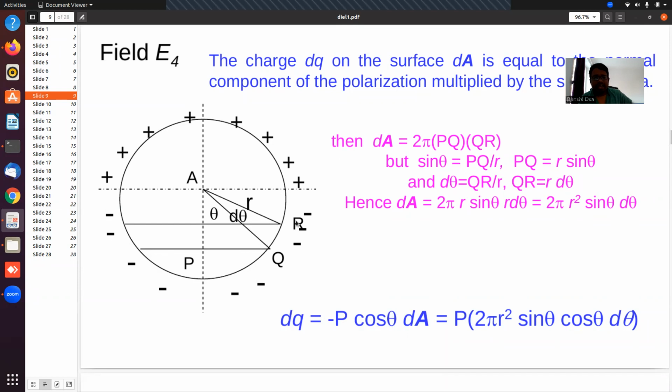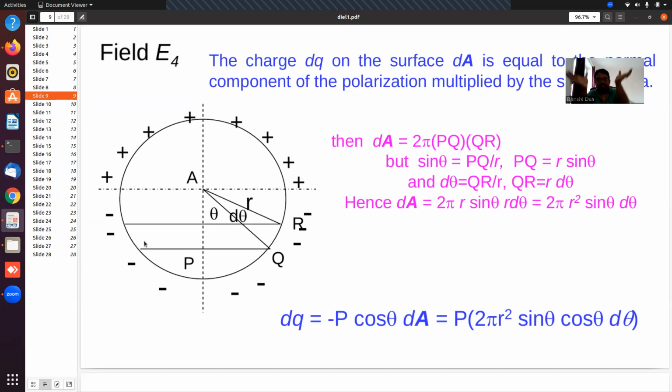So dA we can calculate. dA is a spherical strip taken from the sphere at the theta direction. The P direction is the reference, and the strip is taken at angle theta. So it is 2 pi. We can calculate this dA just like the surface area of a cylinder.